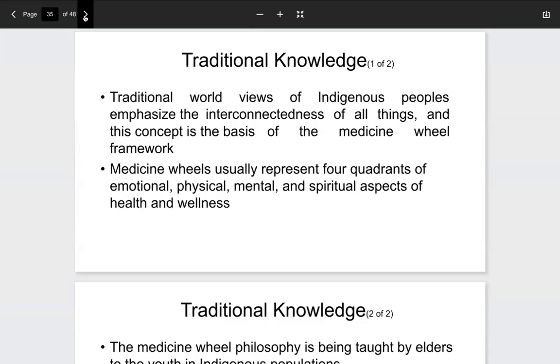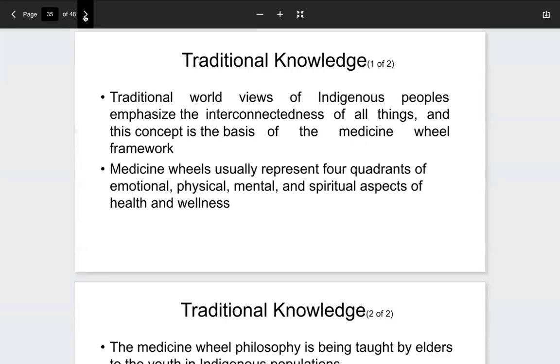When it comes to traditional knowledge, in last week's lecture, I referred to the Eurocentric model of the healthcare system.